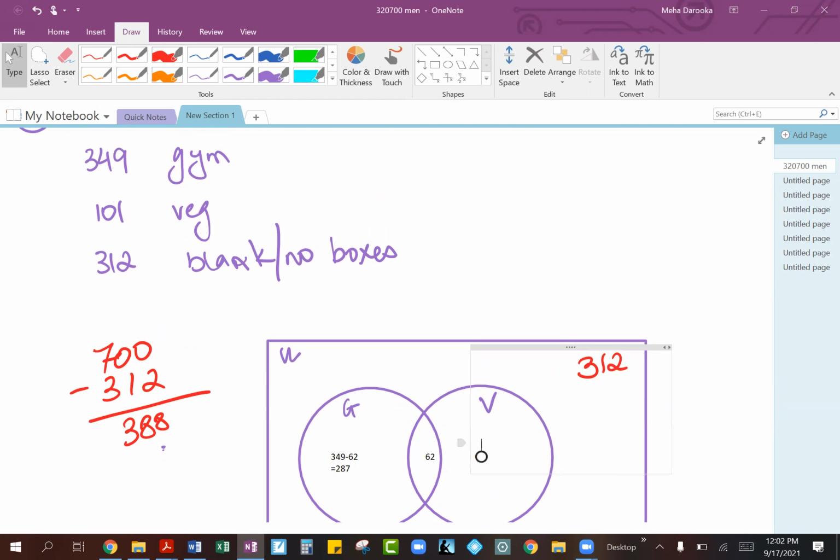And then if they asked you what was the men who only selected vegetarian and no other box, that would be the same thing. You would do 101 minus the 62, because again, that's the overlapping area. And what will that come out to be? 39.